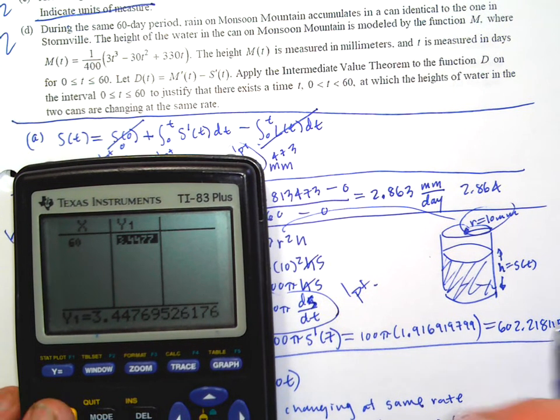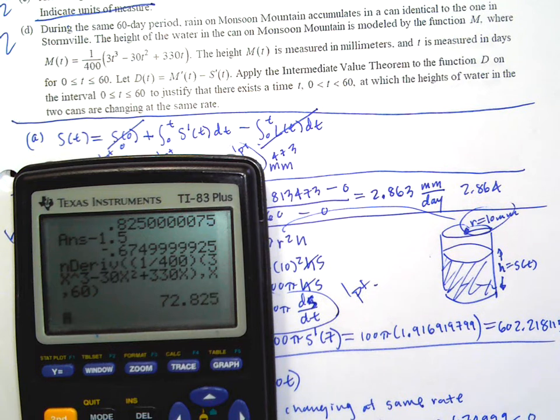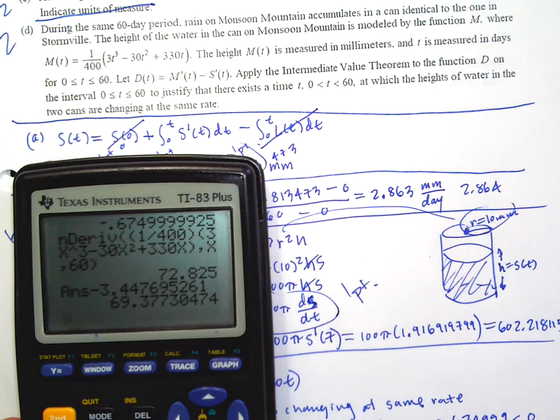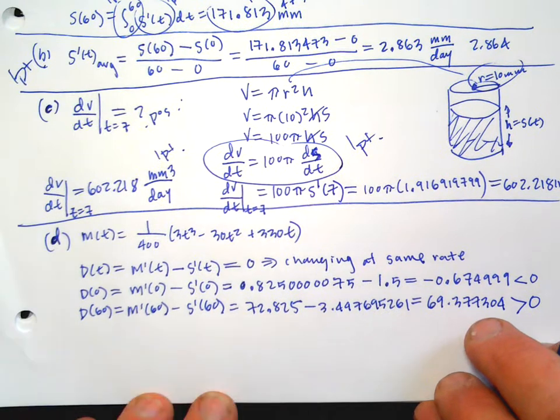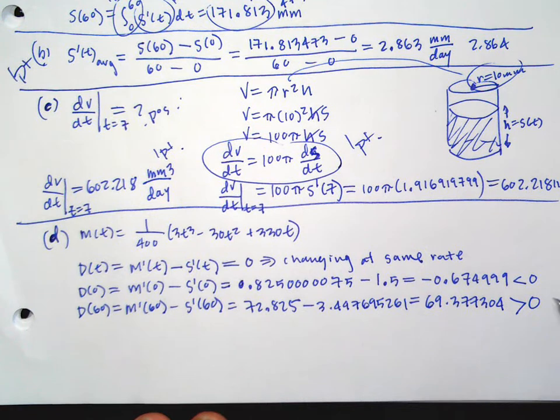And then we could go back to the home screen and subtract 3.4476952661, and that gives you 69.377304, which is positive.